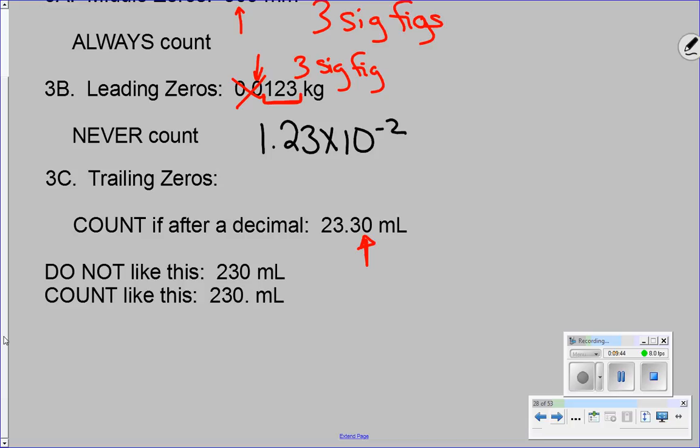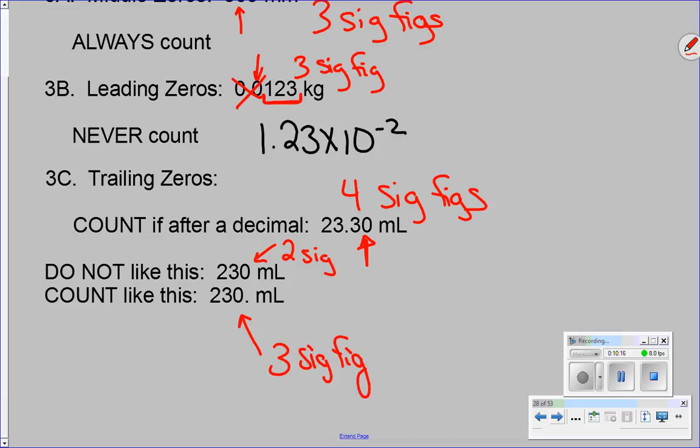So people understand that to be a significant figure so that they're able to communicate numbers, not because there's some mathematically special reason that that should count. So this number actually has 4 sig figs. Now, a really confusing thing is if you want to say you have 230 of something kind of exactly, this number right here is actually only showing 2 sig figs, whereas this number shows 3 sig figs.